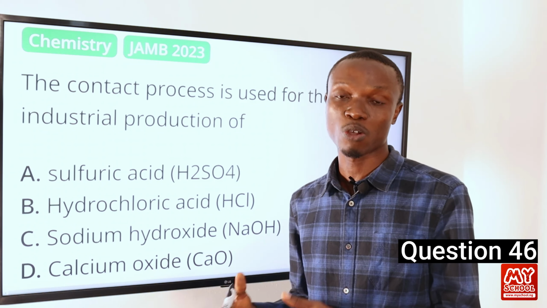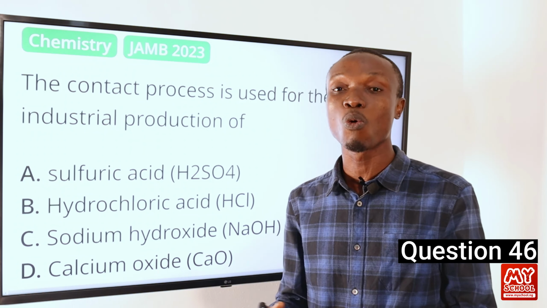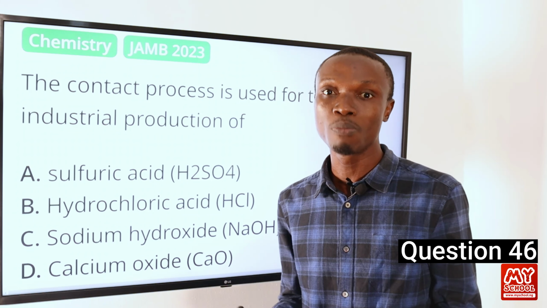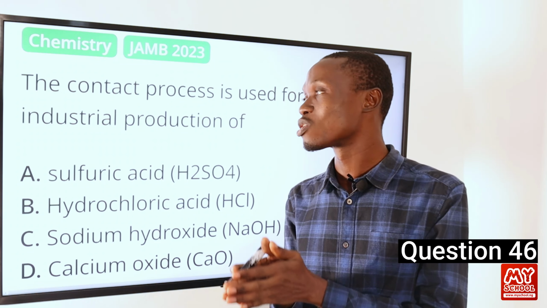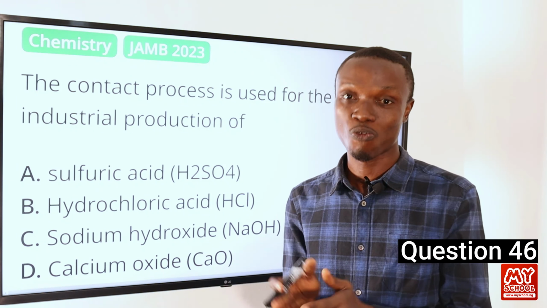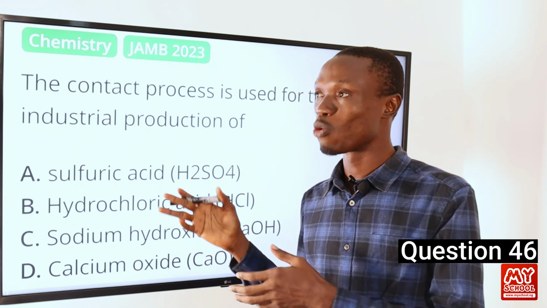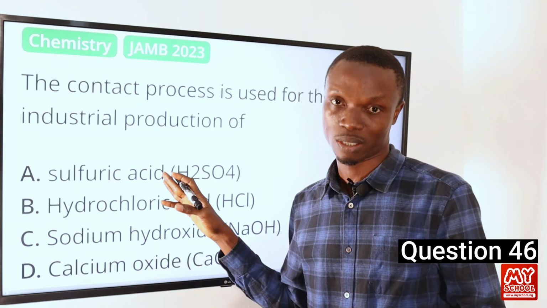This sulfur 6 oxide is carefully dissolved in hydrochloric acid to form helium, H2S2O7. This H2S2O7 is now dissolved in water to form your hydrochloric acid, which is option A, sulfuric acid.